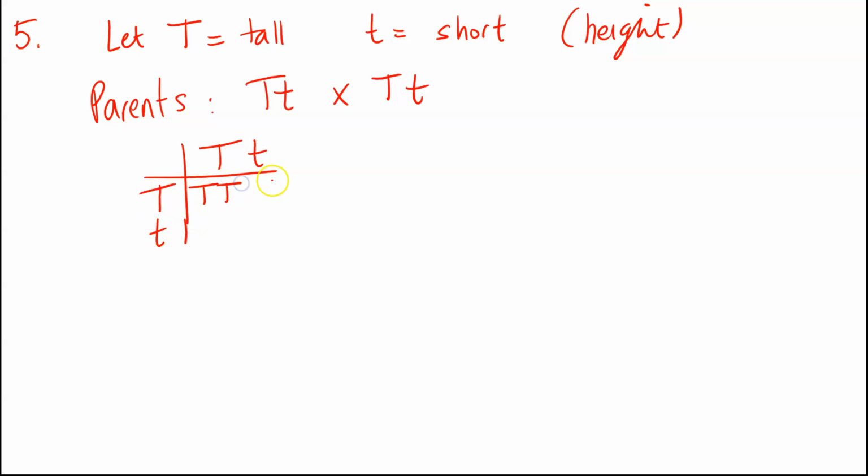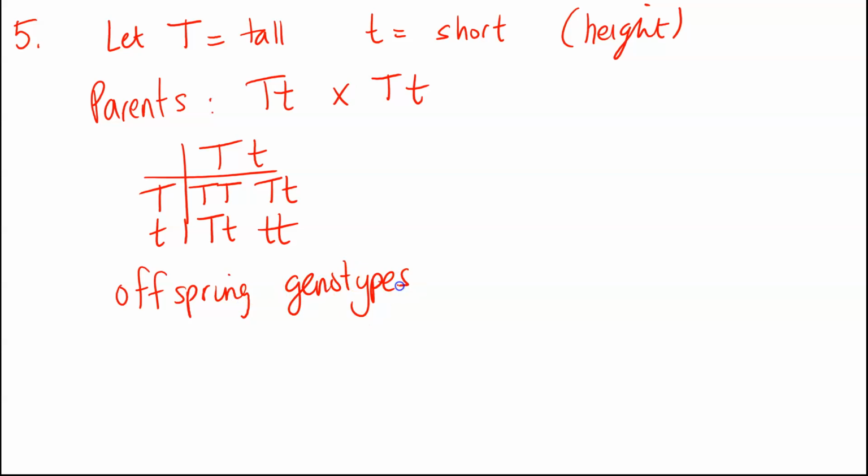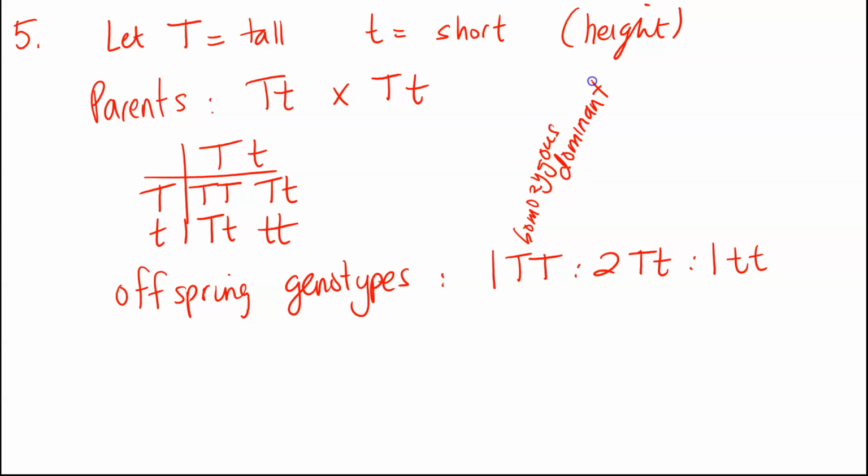And we're going to have the following offspring, the probability. Okay, and then offspring genotype is 1 big T, big T to 2 big T, little t to 1 little t, little t. Again, I'm going to write it here, this is homozygous dominant. Okay, this is your heterozygous, the mix between the two alleles.